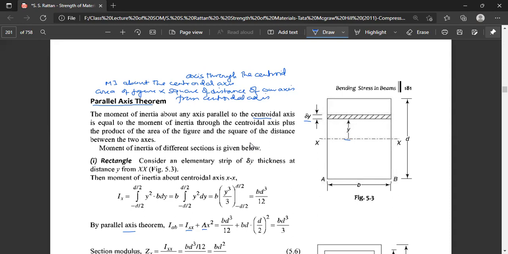Next, we add to it the cross-sectional area multiplied by the square of the distance of the extreme fiber AB at the end of the rectangular section, which is d divided by 2, half of the depth of the beam. If we add them together, we get the moment of inertia about the axis AB.